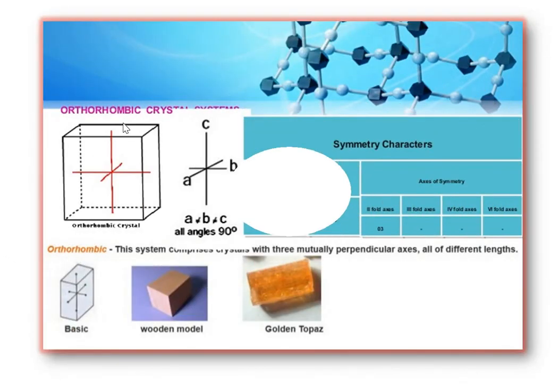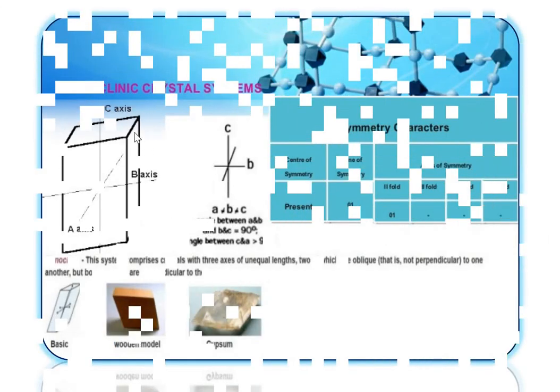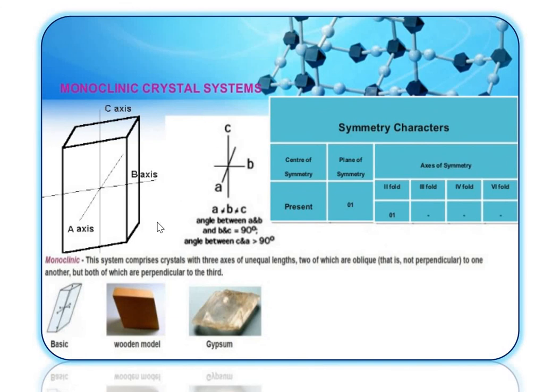Then the next structure, the orthorhombic crystal system. Here all lengths are unequal but all angles are equal. Here I have shown a wooden model, and golden topaz is a very good example of the orthorhombic crystal. The next structure is the monoclinic crystal system. Here all lengths are unequal, two angles are equal but one angle is unequal.